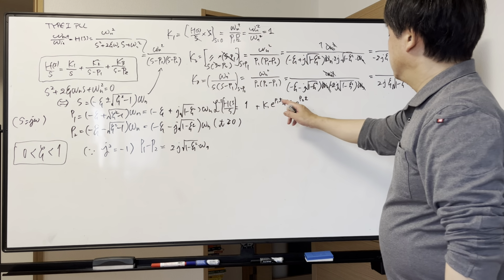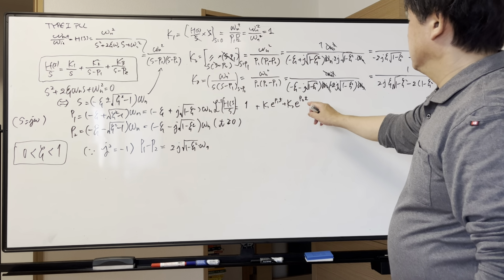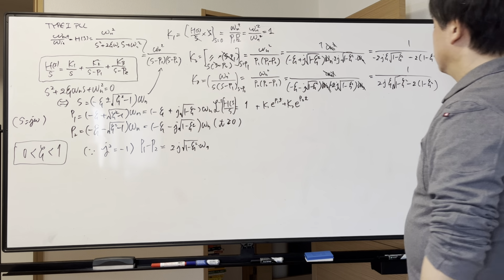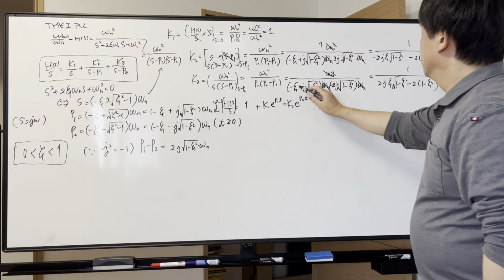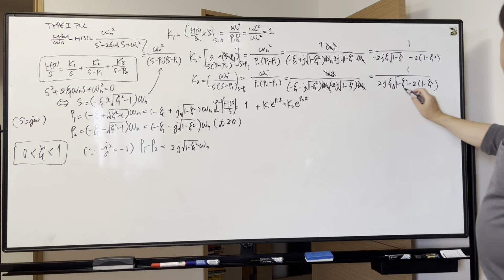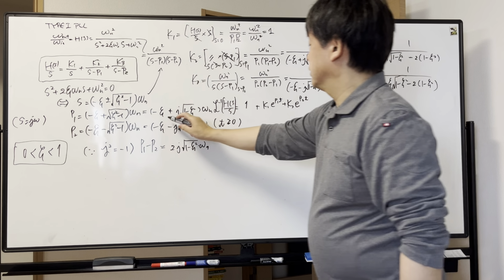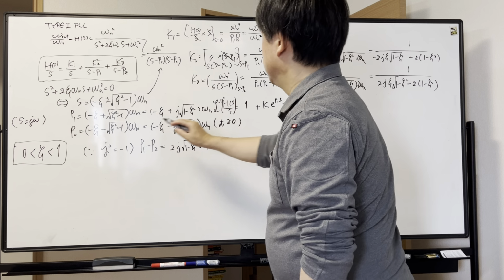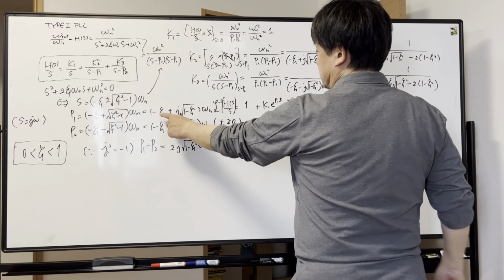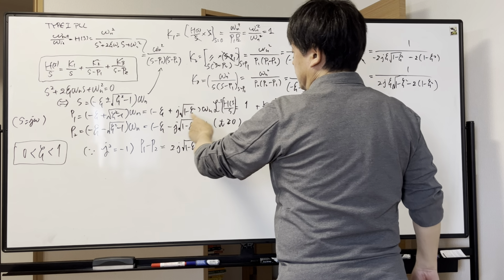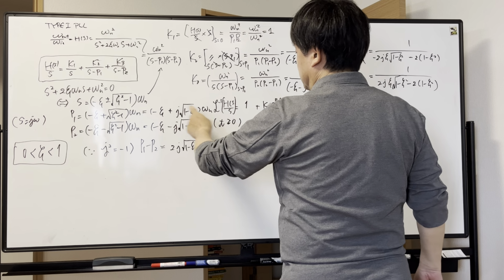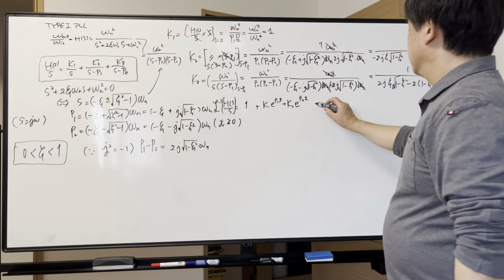And e to the p1 t and e to the p2 t are factored out with e to the minus zeta omega n t. P1 has the imaginary part j square root of 1 minus zeta squared omega n and the real part minus zeta omega n.